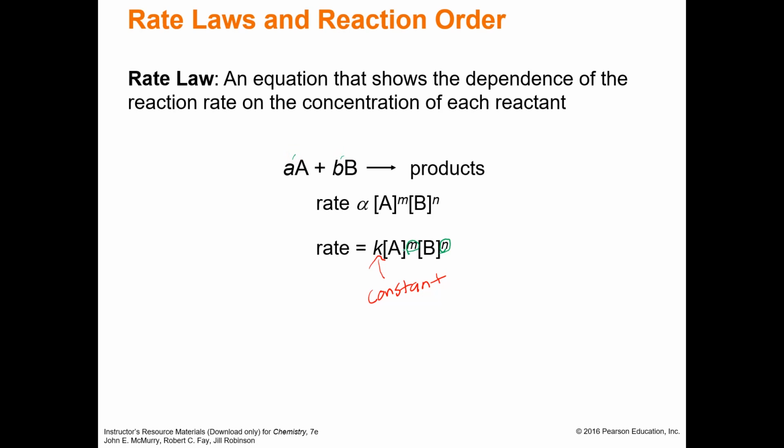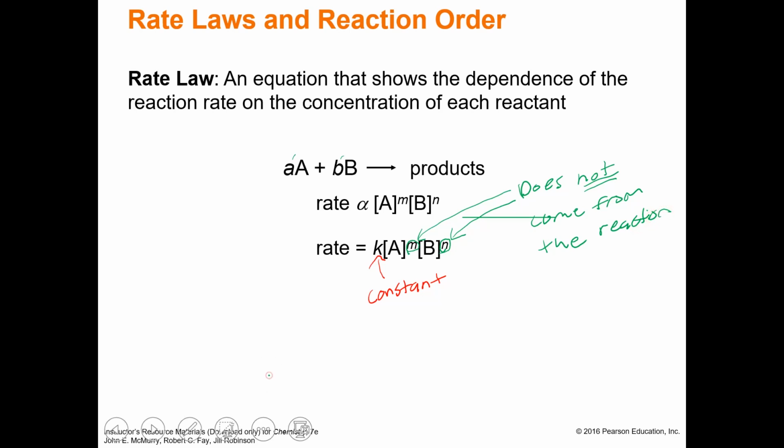That is because you cannot take the exponents from the coefficients of the equation. So do not base your exponents in a rate law on the coefficients. Those exponents can only be determined experimentally, and we're going to show on the next few slides how we determine those exponents.